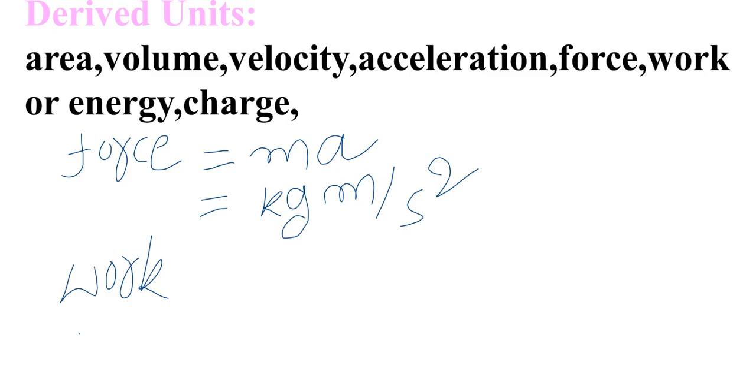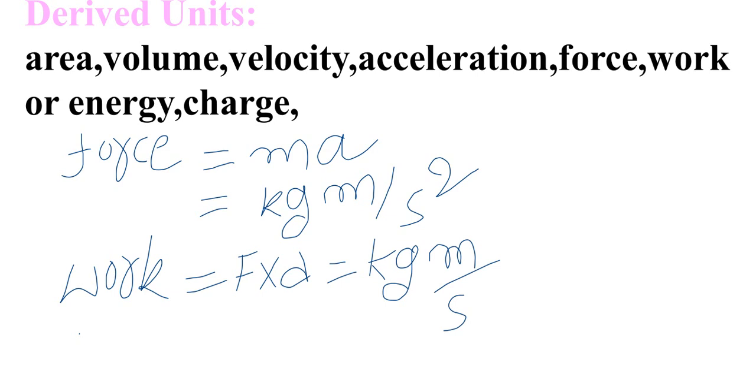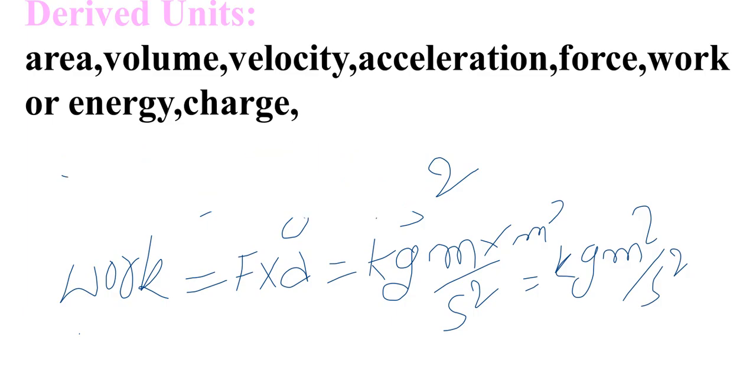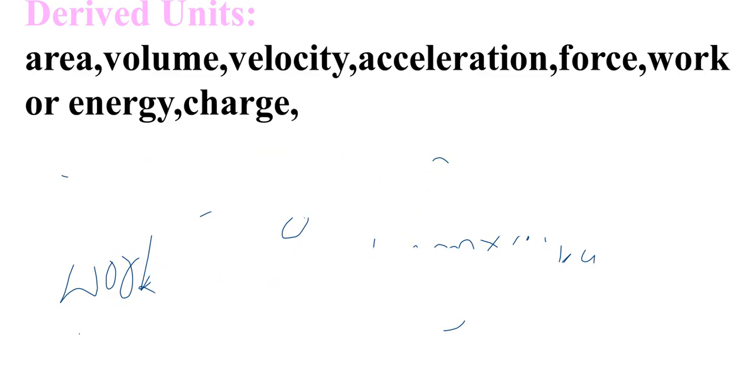Work is force into distance, that is kg meter per second square into distance. So kg meter square by second square. Like this we can calculate the units of different physical quantities.